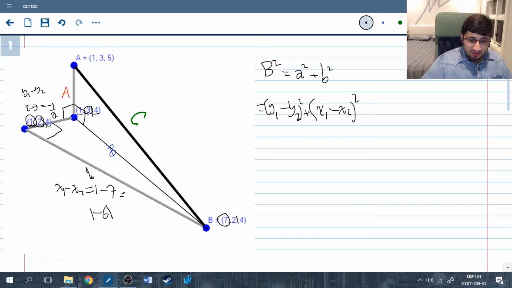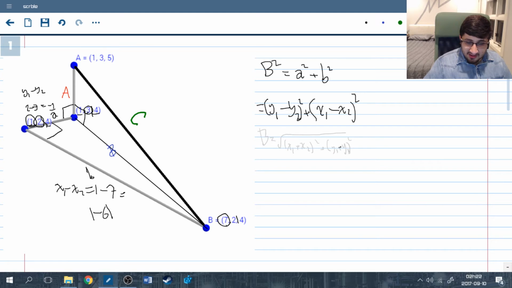And so in order to get just b, we'll say b is equal to the square root of x1 plus x2 squared plus y1 plus y2 squared. However, we don't actually need just regular b by itself, considering b squared is the only thing that's going to be important.